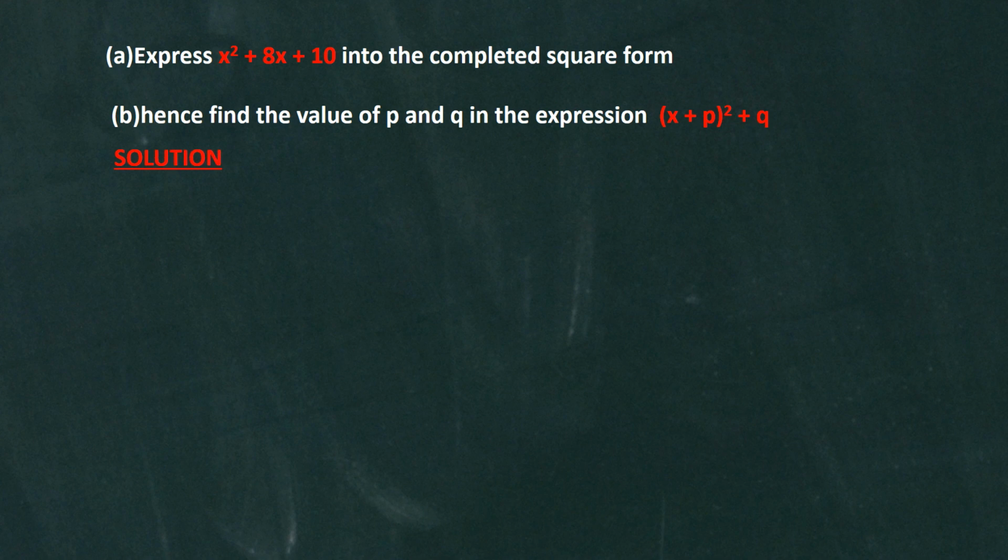Now, to do this, we're going to consider only the first two terms of the expression we were given, x squared plus 8x plus 10. In those first two, we will aim to make them a perfect square. Usually to do that, you will take the coefficient of b divided by 2 and square it.